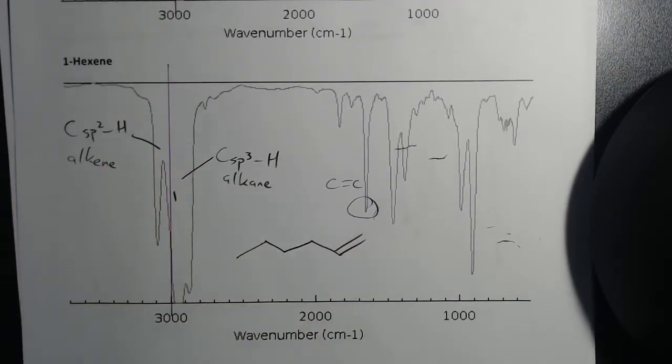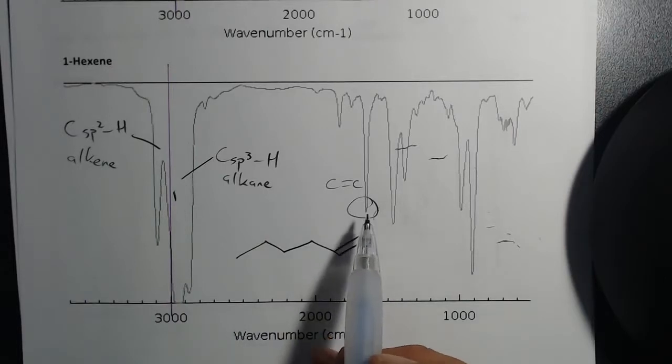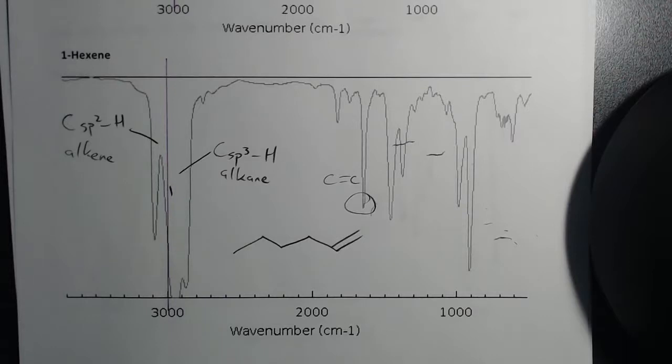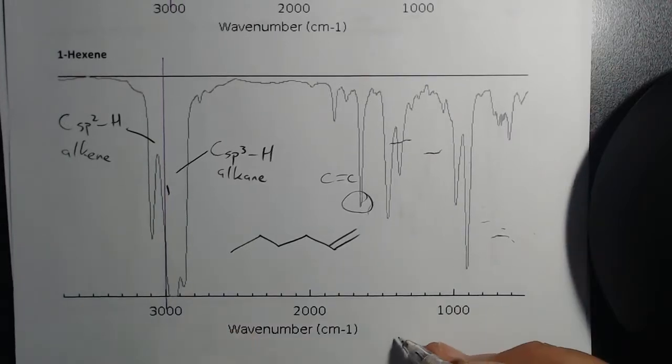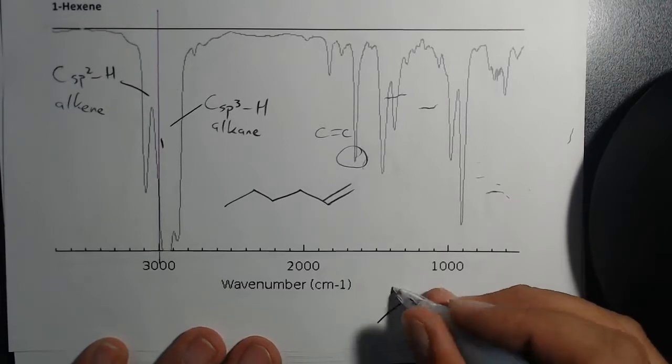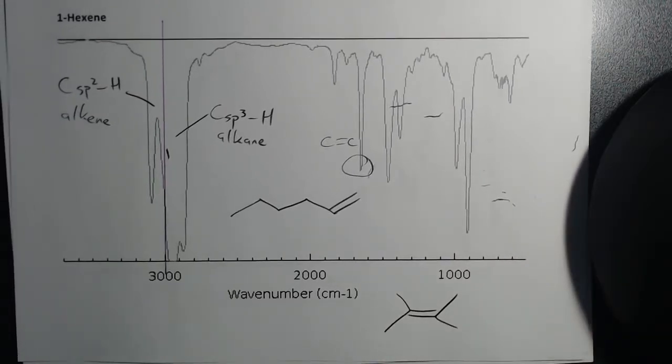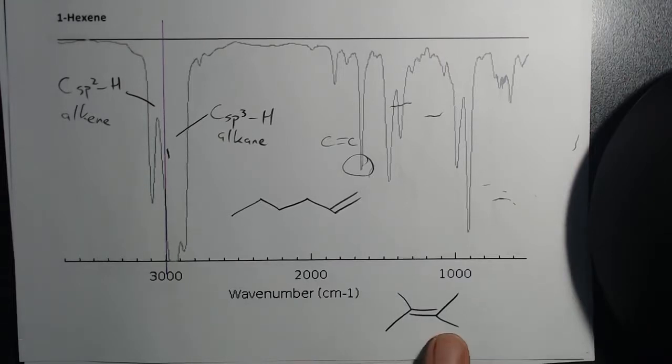I do want to point out, though, that if you have this one, you do not have to have this one. The exception would be an alkene that had 4 carbons coming off. Let me do that example down here. That compound would not exhibit a C-sp2-H stretch because it doesn't actually have a C-sp2-H in it. So that doesn't work, but we would have the double bond.